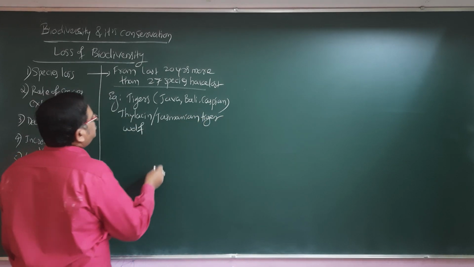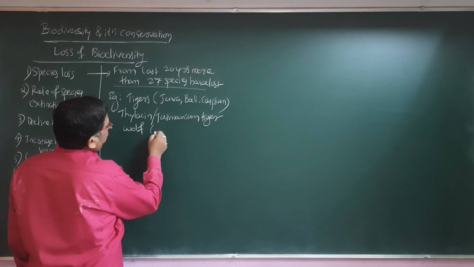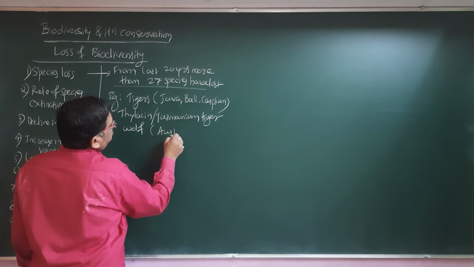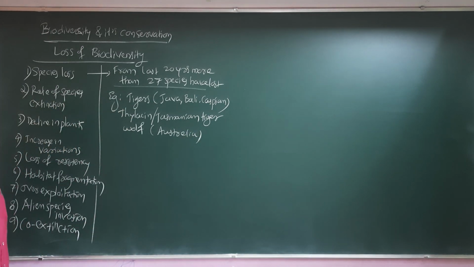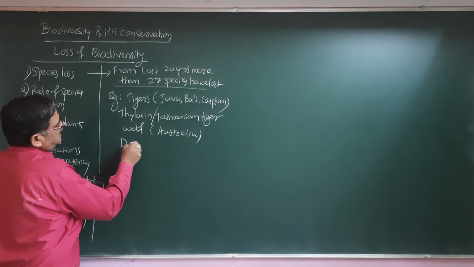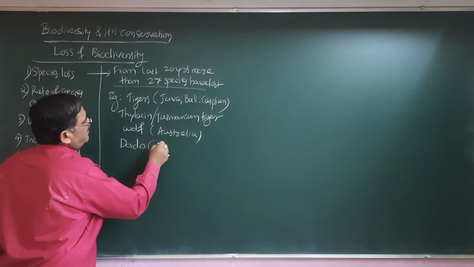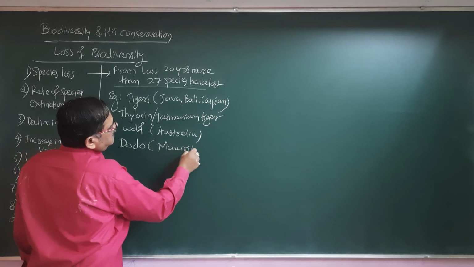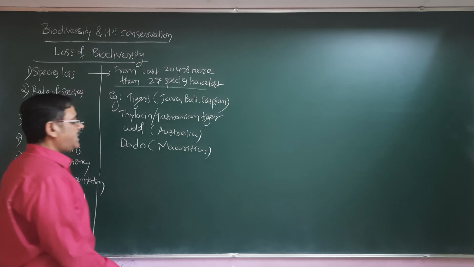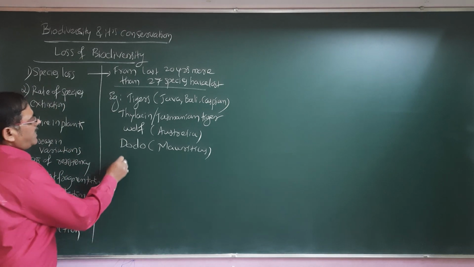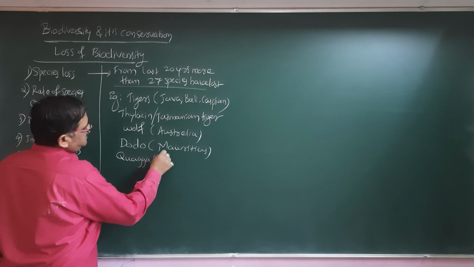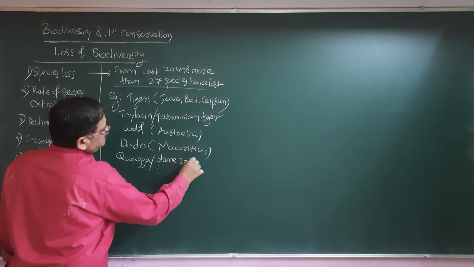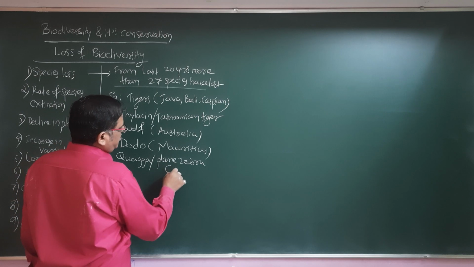The Tasmanian tiger wolf disappeared from Australia. Other than that, the dodo bird disappeared from Mauritius. And then there is one more, quagga. Quagga is a plain zebra that has disappeared from Africa.